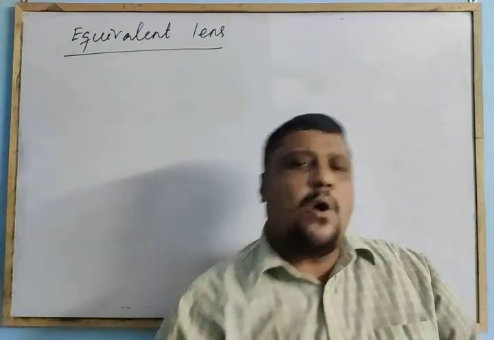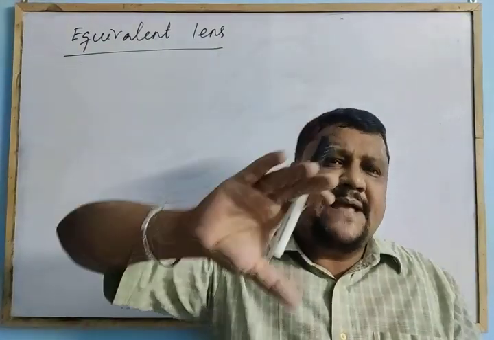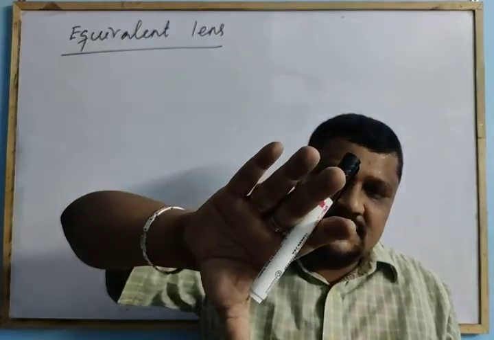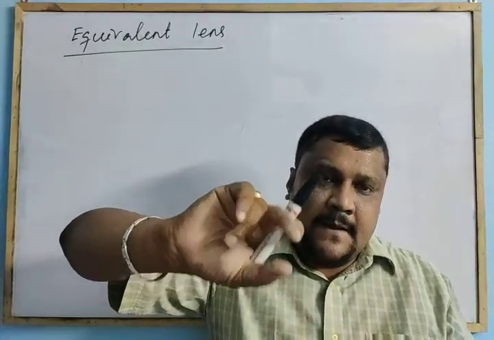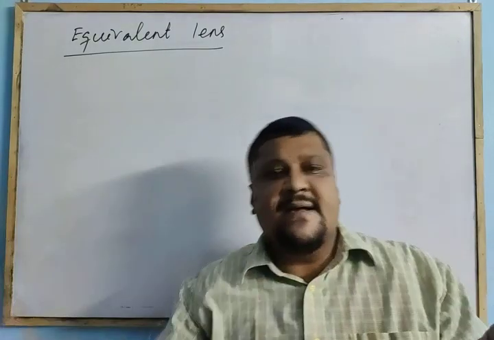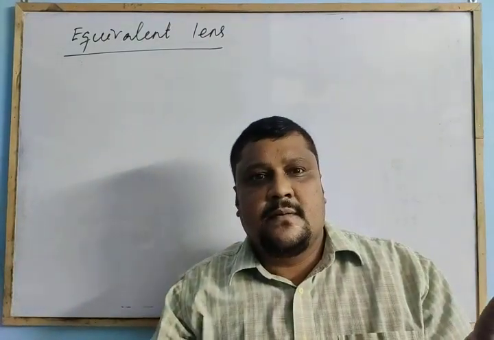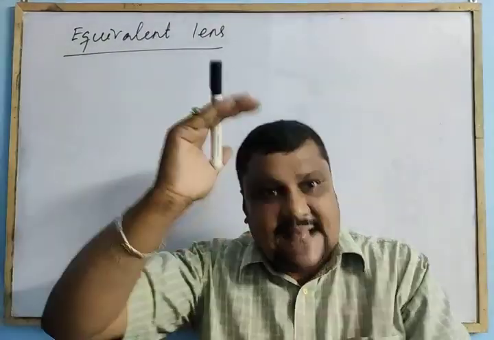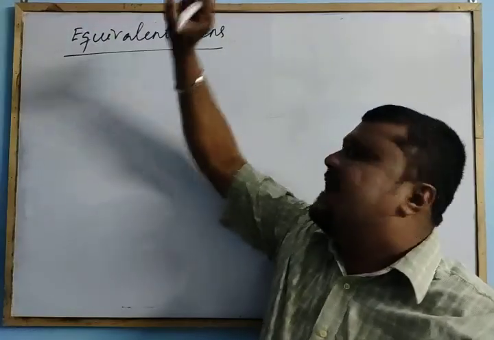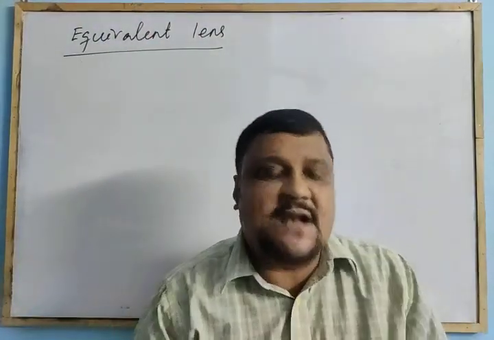Now if I replace the whole combination of lenses with another lens such that the object is the same and the image is the same for that single lens, then that single lens is called the equivalent lens of the combination of lenses.